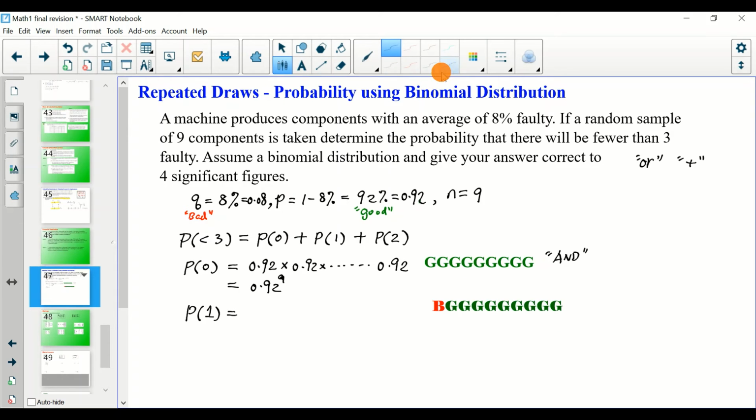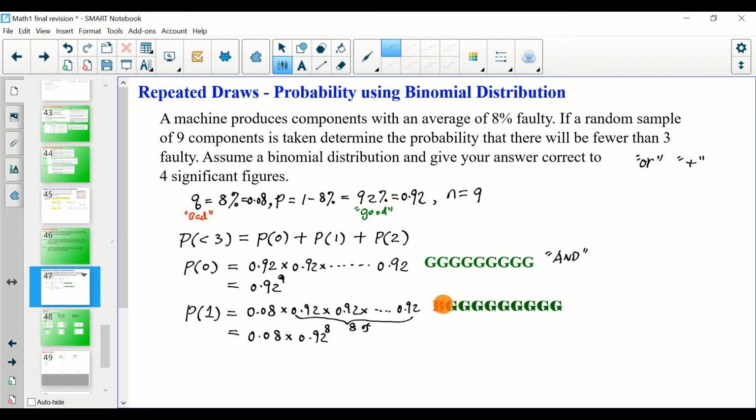So the chance for that to happen is the first one's probability is 0.08, and I'm going to times 0.92 for all the other ones. If it's 9 products together, there's 8 of those other ones. Therefore, my probability is 0.08 times 0.92 to the 8th power.